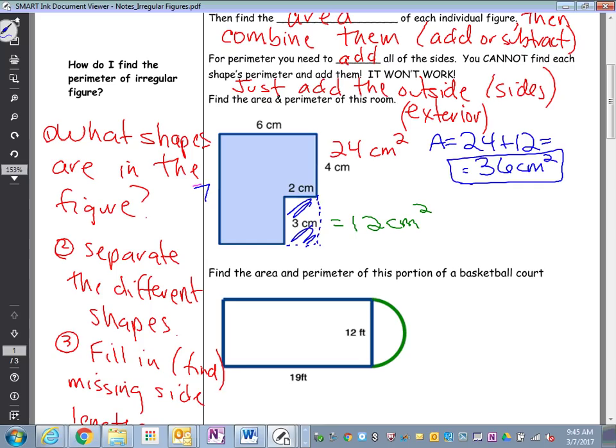So I could do 6 times 7, which would be what? 42. So that whole thing would be 42. And I know this little part right here, the cutout, is a 2 by what? 3. So a 2 by 3 would be 6, right? 2 times 3 equals 6.